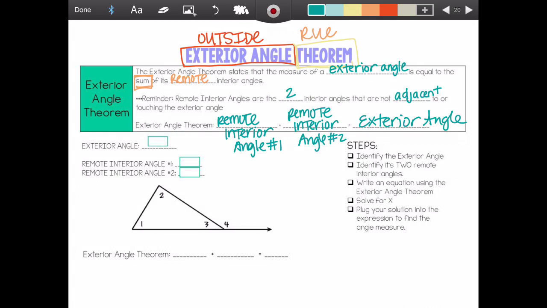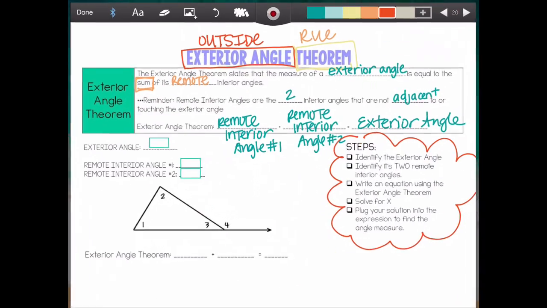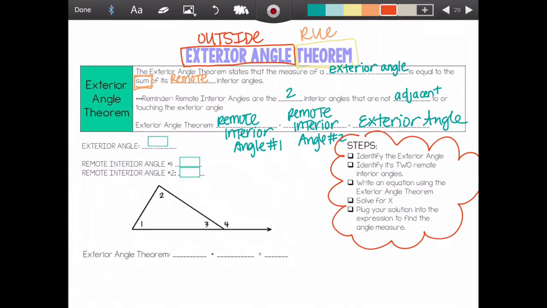All right, so let's see what that actually even means. So I put some steps over here for us to follow. Step 1 says to identify the exterior angle. So again, with our examples, we first need to identify where the exterior angle is. So here the exterior angle is angle 4.